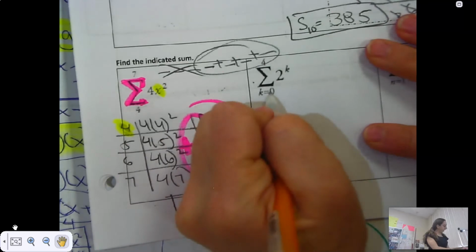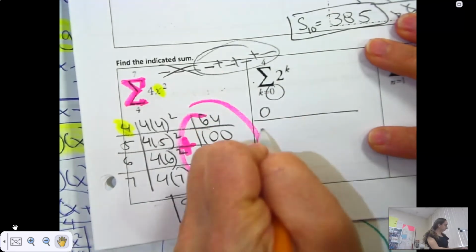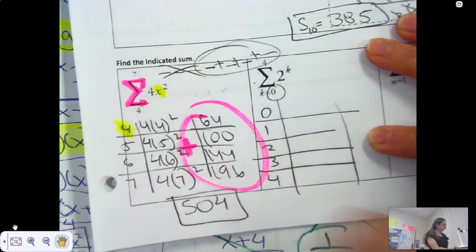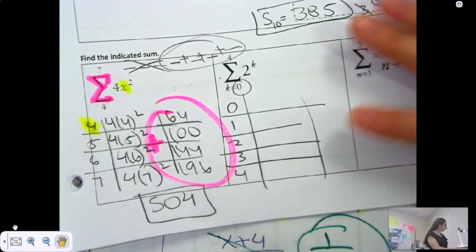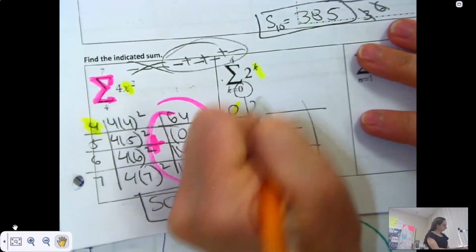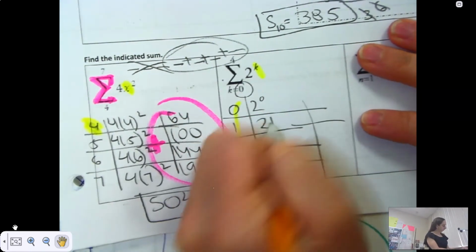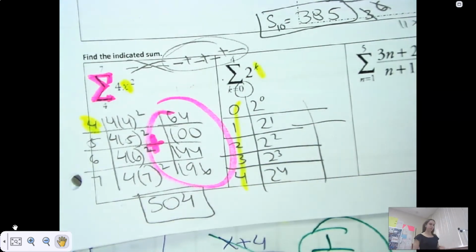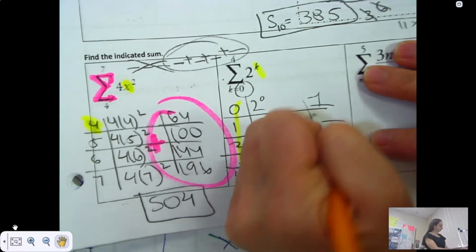Okay. This one's saying, hey, this time start with a 0 term and go all the way to the 4th term. So I plug in all of these into K. 2 to the 0, 2 to the 1st, 2 squared, 2 cubed, 2 to the 4th. Anything to the 0 power, 1, 2.